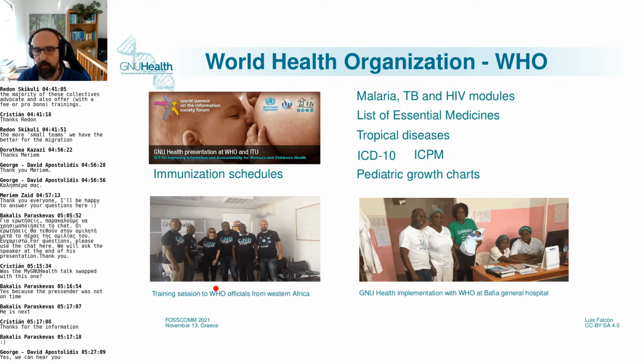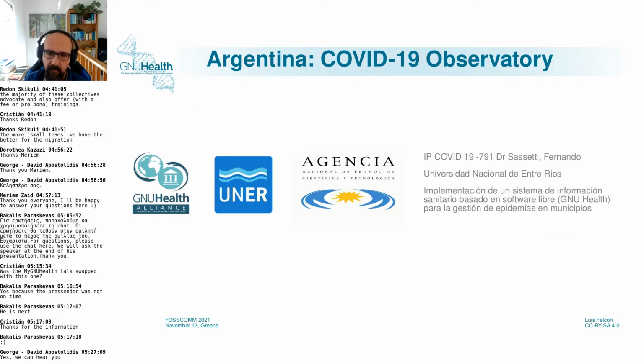And of course, we use many of their standards, like the disease coding system ICD-10. Now we are using ICD-11, ICPM, pediatric growth charts, vaccination campaigns, list of essential medicines, and so on.